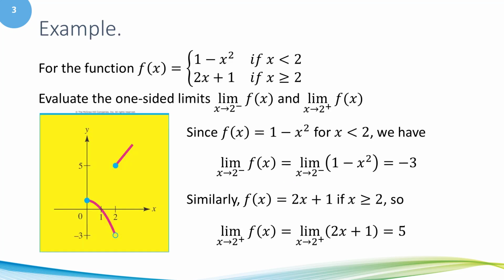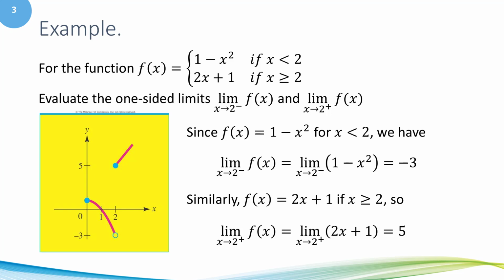So here is an example. This is a piecewise function with the definition change happening at x equals 2. We want to evaluate the limit x to 2 from the left and the limit x to 2 from the right. Approaching 2 from the left means we get close enough to 2 but still less than 2.